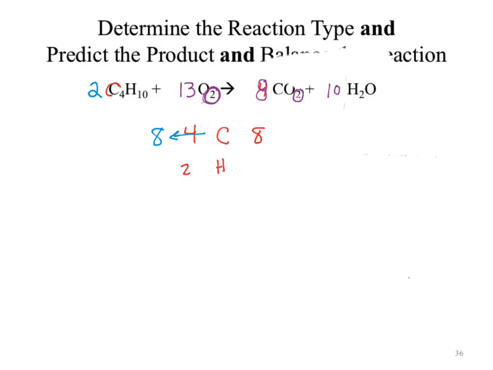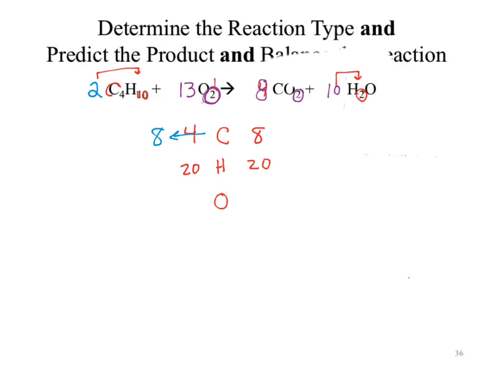How many hydrogens on the left? I would now have 20. How did I get 20? There's 10 in the compound with 2 of those compounds. How many hydrogens on the right? There's 2, but 10 of that compound, which means 20. What should I move to now? Oxygen. How many oxygens on the left? 26.